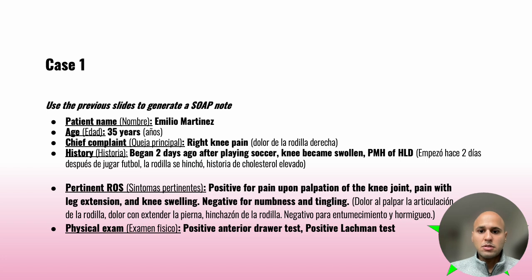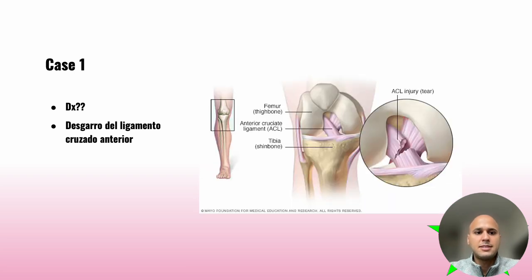Examen físico or physical exam. The patient has a positive anterior drawer test and a positive Lachman test. Can you guess what the diagnosis is? Desgarro del ligamento cruzado anterior. Any guesses? Yes.